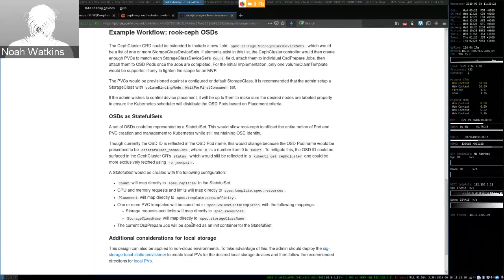Okay, sure. I can definitely see that. And going with my general philosophy of not artificially limiting functionality where possible, I can definitely see the argument for that.